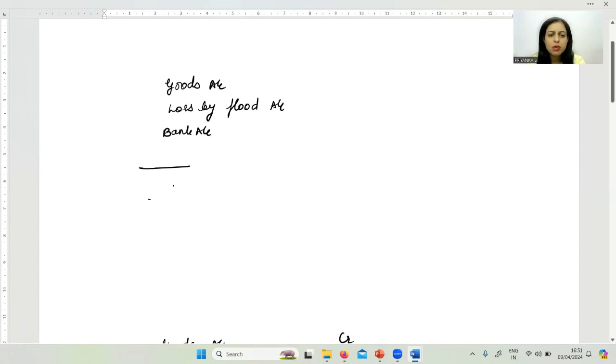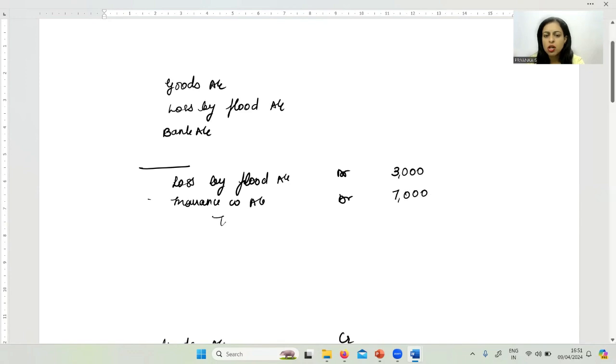How normally it happens: goods have gone out of the business and there is a loss. So I will write loss by flood account, debit, 3,000, because the insurance company has admitted the claim. So I'll write here insurance company account, just like we wrote in the fire case, 7,000, and to goods account, 10,000.